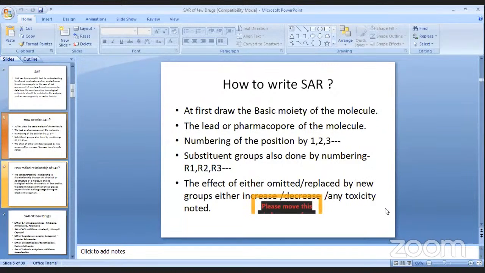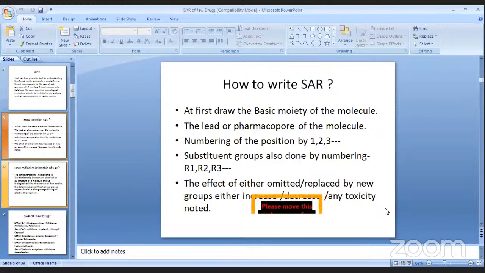So before writing for SAR, at first you draw the structure of the molecule and find out the basic moiety of the molecule, that is the lead compound or pharmacophore, which is essential for the activity of the compound. And then you have to go for numbering, position 1, 2, 3, 4, like this.